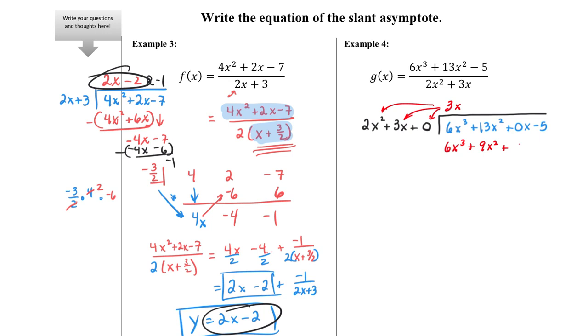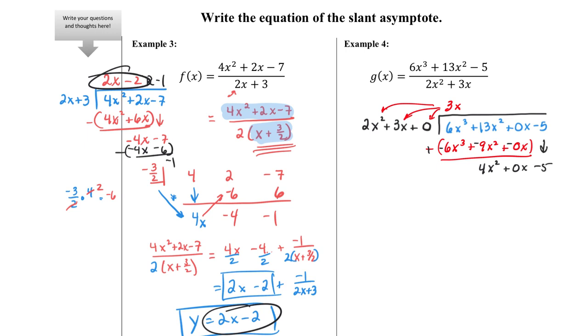plus 0x. We'll subtract that whole line there. So I'm going to do the old sign switcheroo. And then I go 6 minus 6, so that's just going to give me a 0 there. 13 minus 9 is 4. 0 minus 0 is 0 still, and bring down the negative 5.